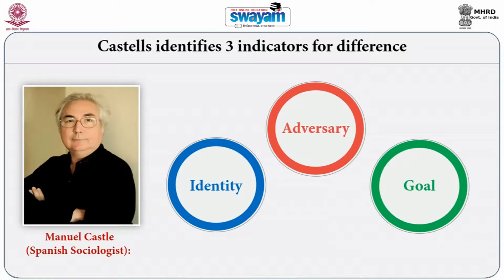So Castells distinguishes environmental movements based on differences in their identity, the kind of identity that they build, based on the adversary against whom they direct their action, and third, the goal, what they ultimately aim to achieve.